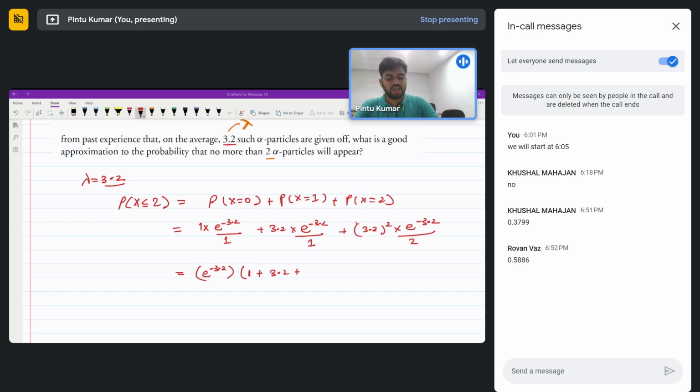Let me calculate. So this comes out to be 2.56.